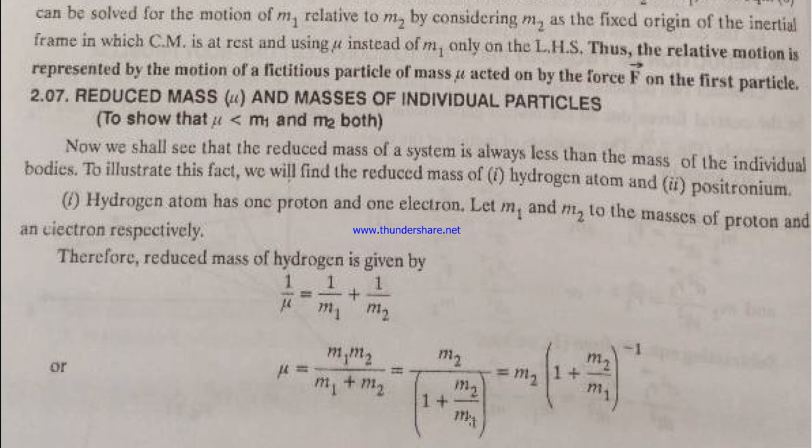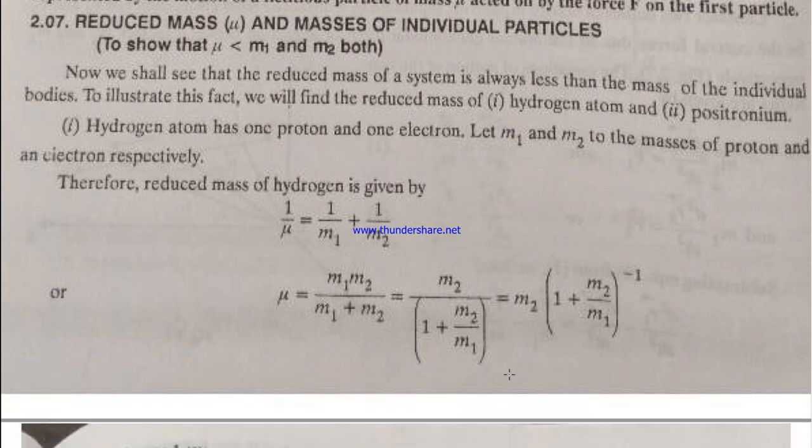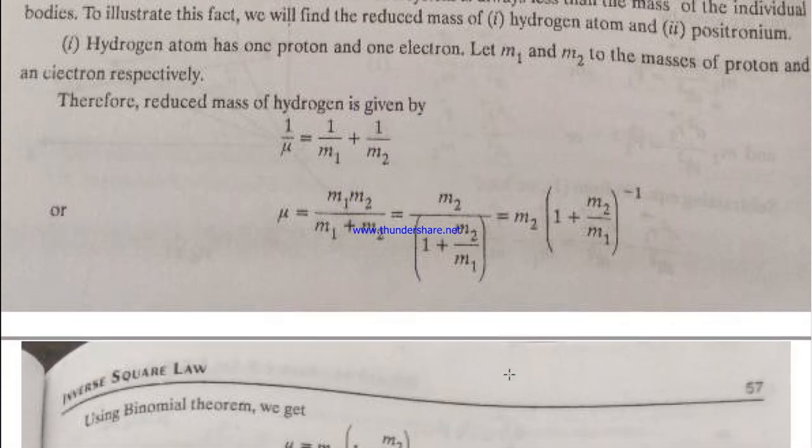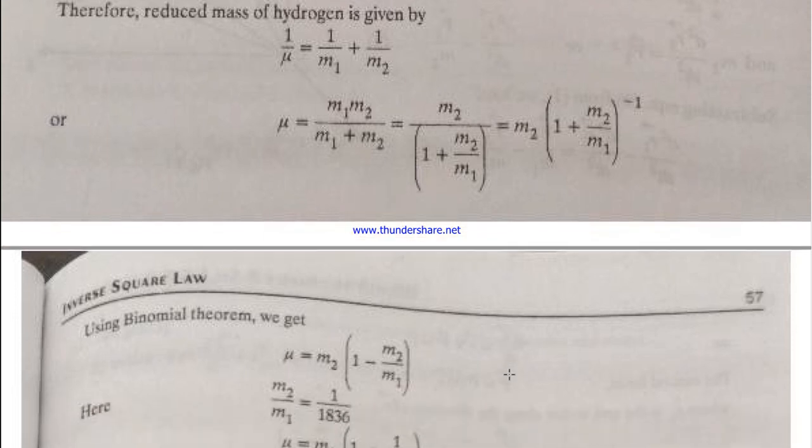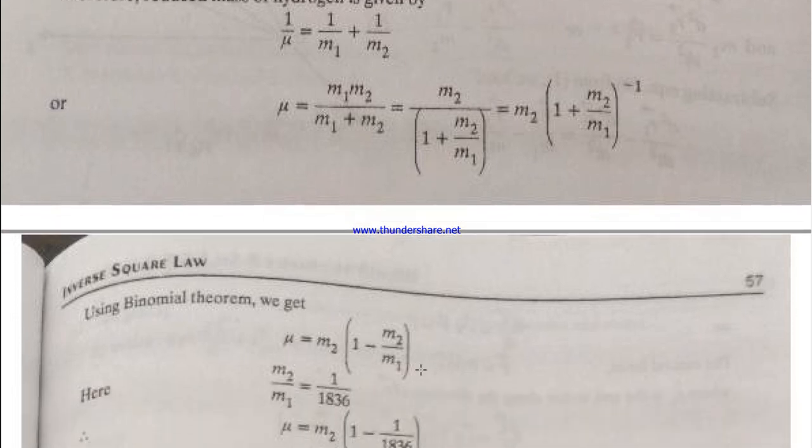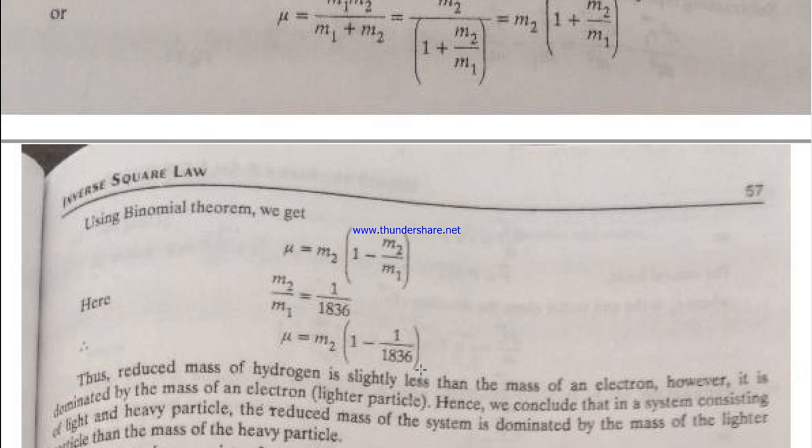Now let us suppose that the mass m2 is very small compared to mass m1. So the fraction m2 over m1 will be very small compared to 1, and we can apply binomial expansion on this. Hence mu will be equal to m2 into (1 minus m2 by m1).